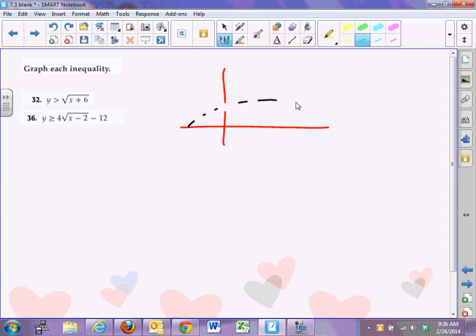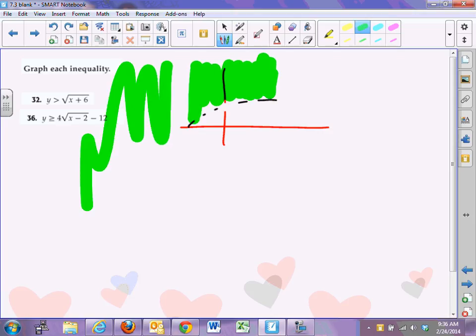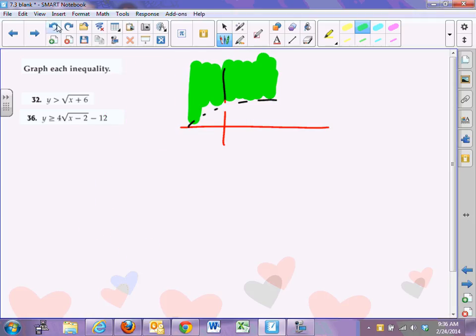Now, when you shade above, another thing is you're going to shade up here to this point. You are not going to shade over here anywhere. So if your graph starts here at -6, which it does, that's where my shading begins. And it goes off toward the end of my graph.